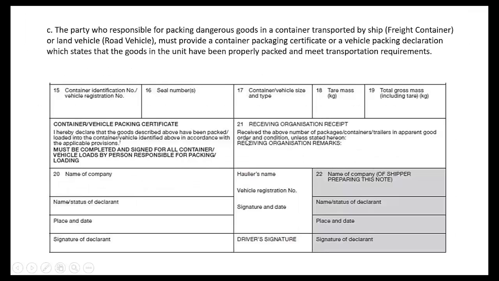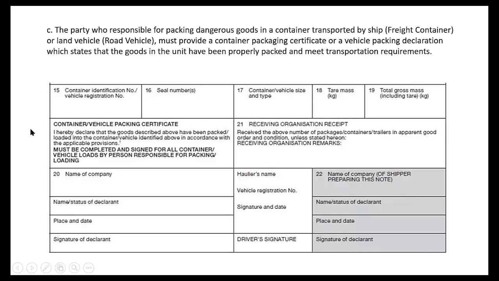And after that, the party who is responsible for packing dangerous goods in a container transported by ship, or freight container or land vehicle or road vehicle, must provide a container packing certificate or vehicle packing declaration which states that the goods in the unit have been properly packed and meet transportation requirements.